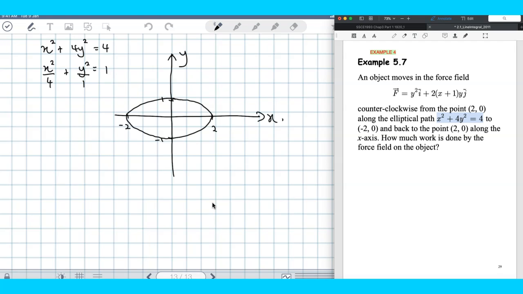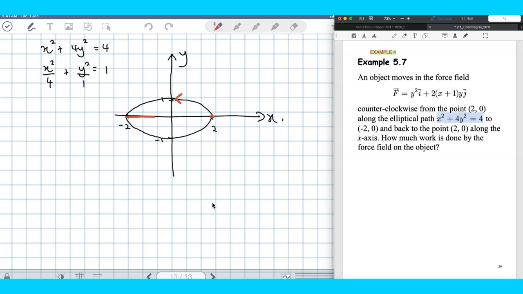Okay, so now based on the instruction here, the starting point is at (2, 0). It travels to (-2, 0) along the elliptical path, which is this way, and back to the point (2, 0) along the x-axis.